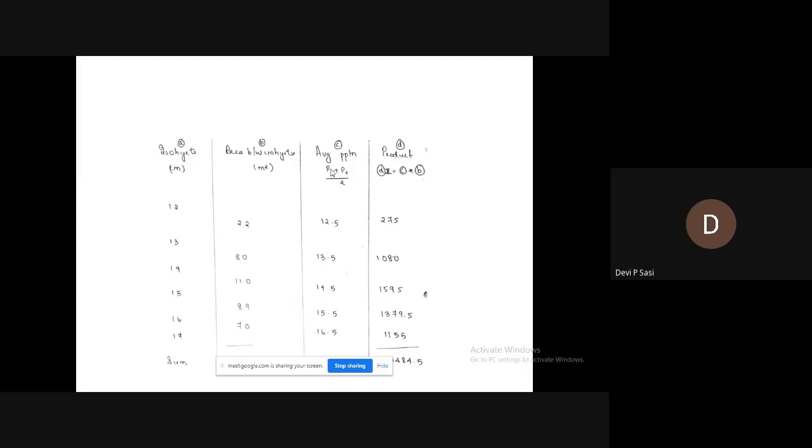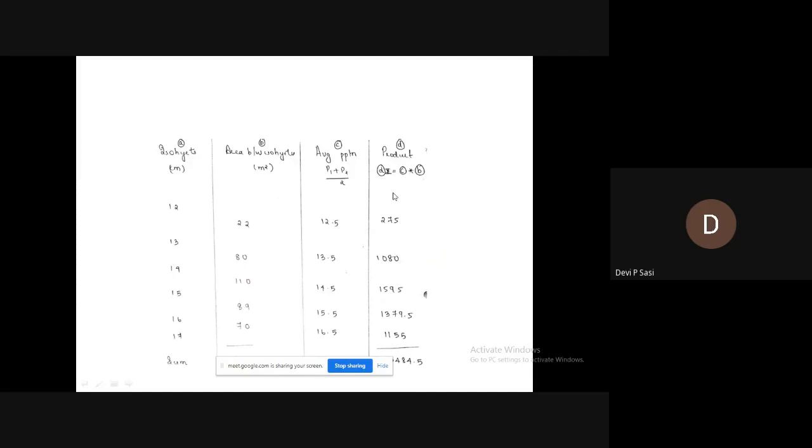So you multiply 22 into 12.5, that is 275; 80 into 13.5, that is 1080; 110 into 14.5, that is 1595; 89 into 15.5, that is 1379.5; and 70 into 16.5, that is 1155.